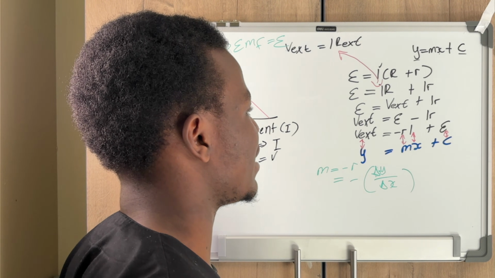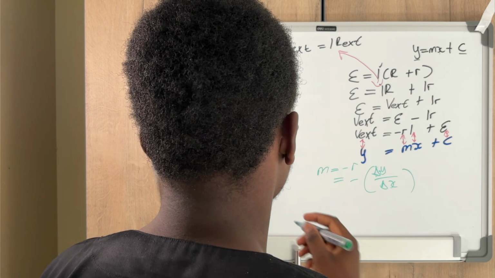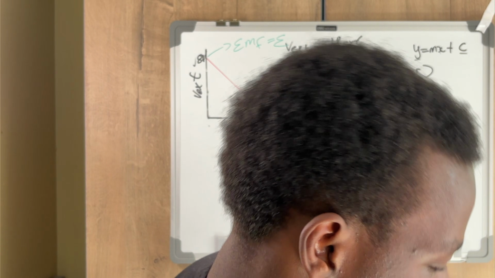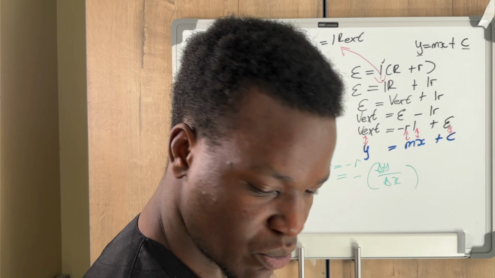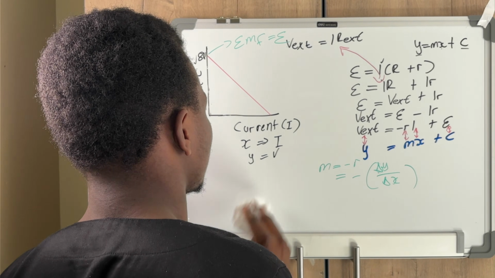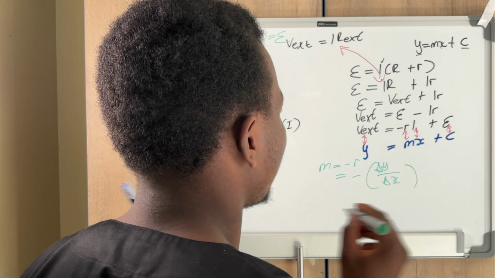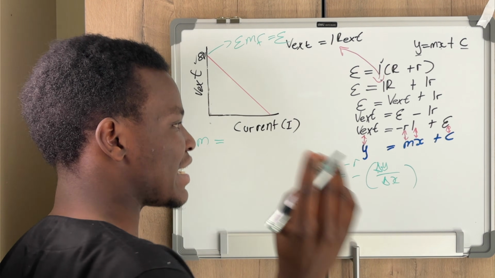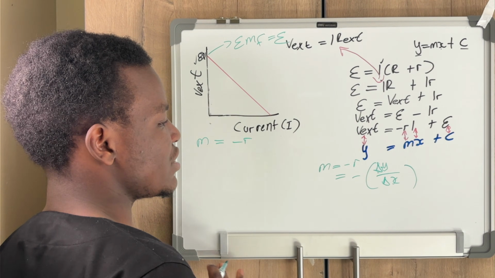You'll find your gradient. So what else do we need to know about this graph? So let me just rub here, and then after I rub, I'm going to teach us how to interpret and understand this graph. So I'm just going to rub here, and then I put what we have found here. We have found that the gradient always in this graph, the gradient equals to what? Negative R. And then what else did we find?